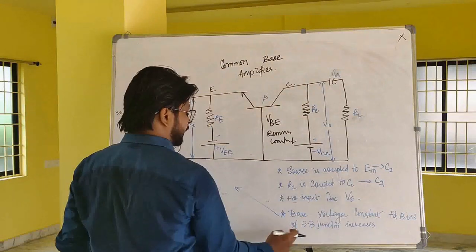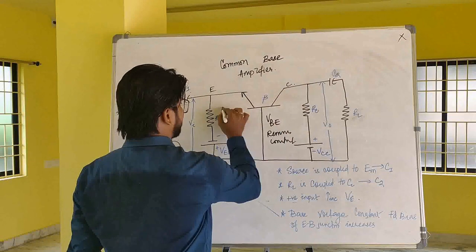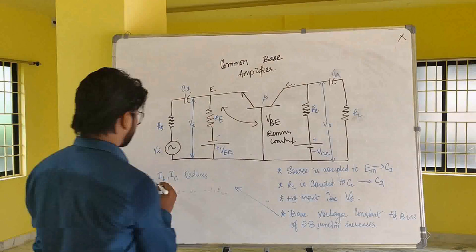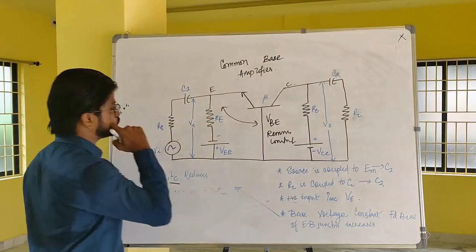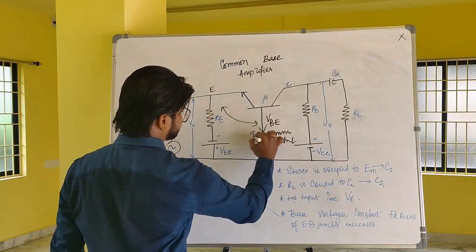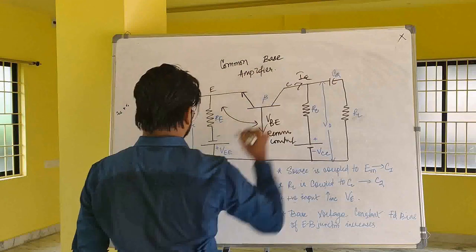In forward bias, as the emitter base junction voltage increases, IB and IC reduce.